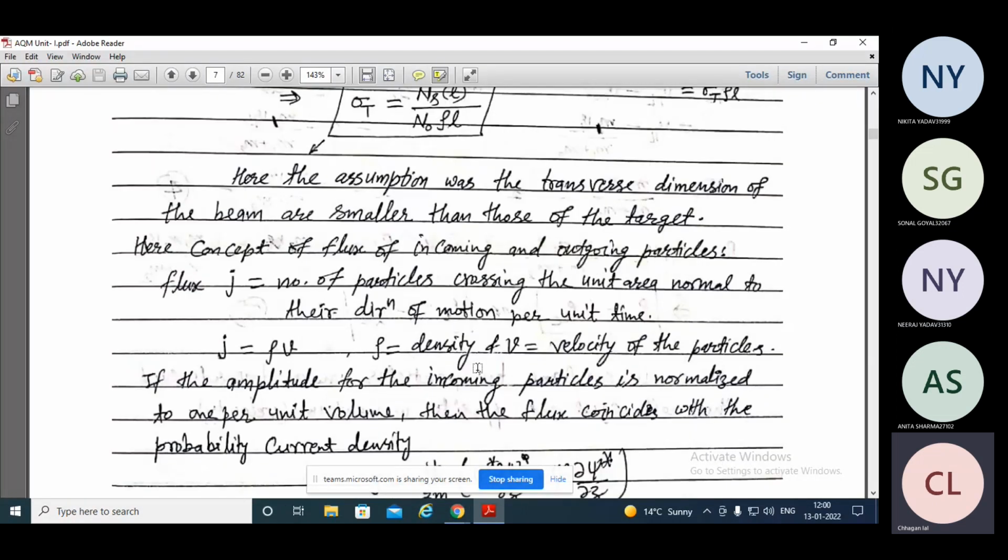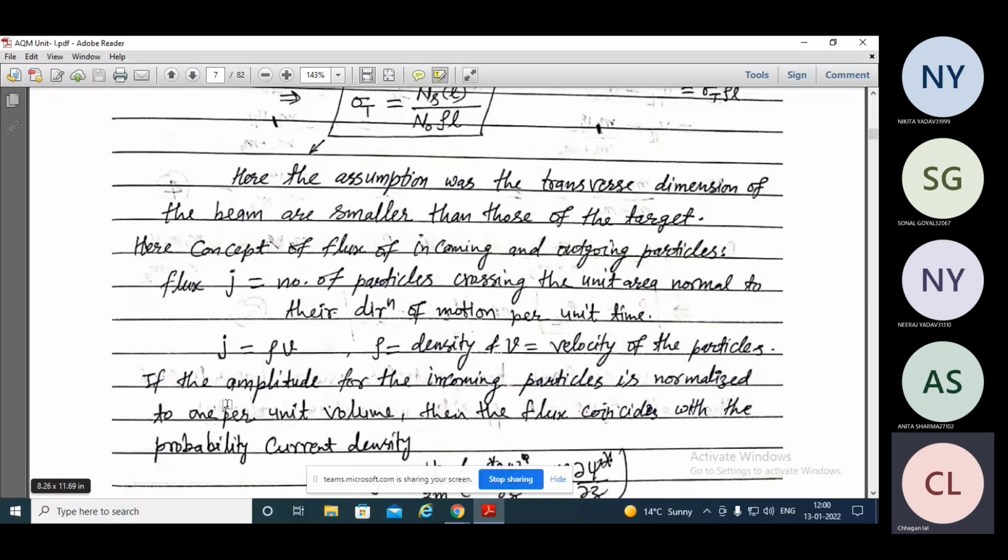So we are using some numbers. We have n naught, the incoming particles per unit surface area. So that's why we are representing some flux. You also know the incoming flux density and outgoing flux density. So here we are using J. J is the flux density, where we can use J equal to rho times V. Rho is the density and V is the velocity of the particle.